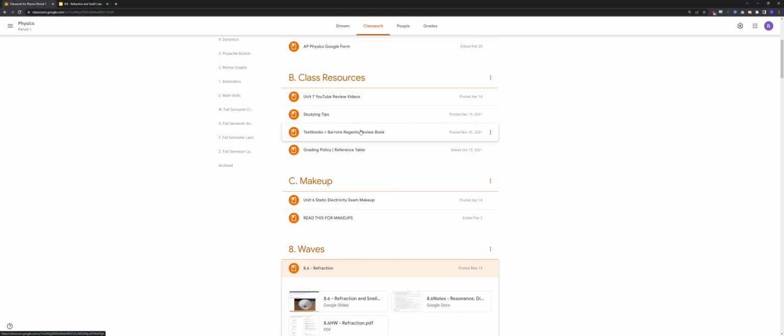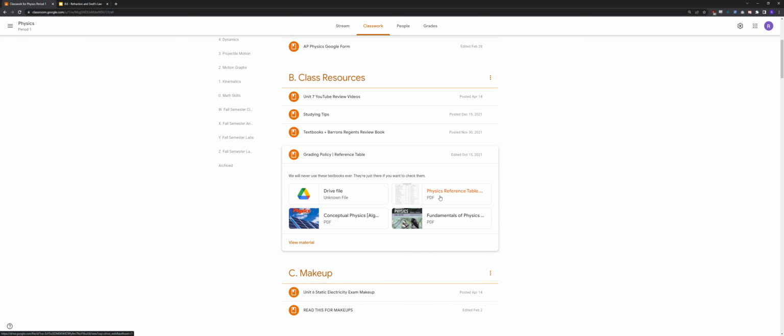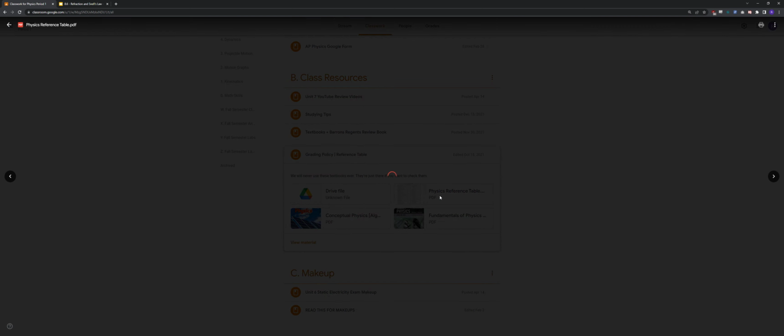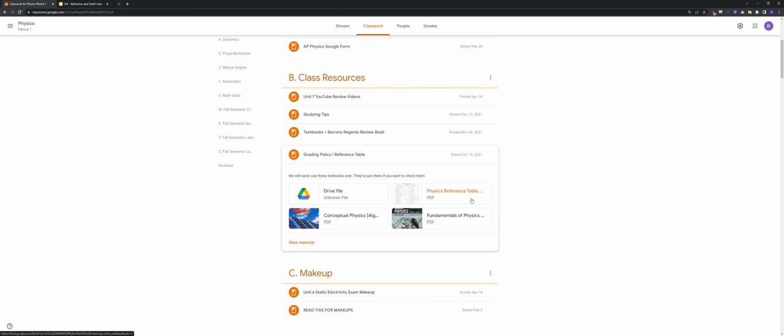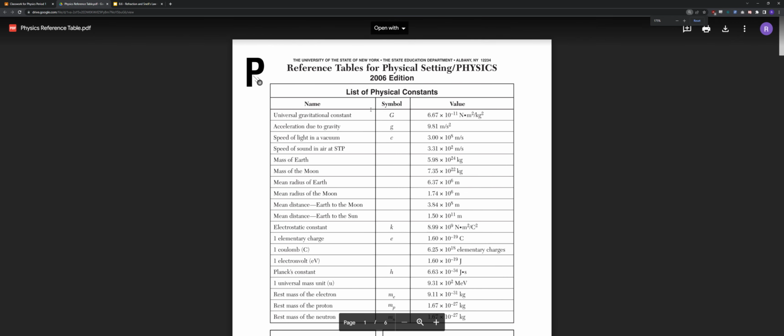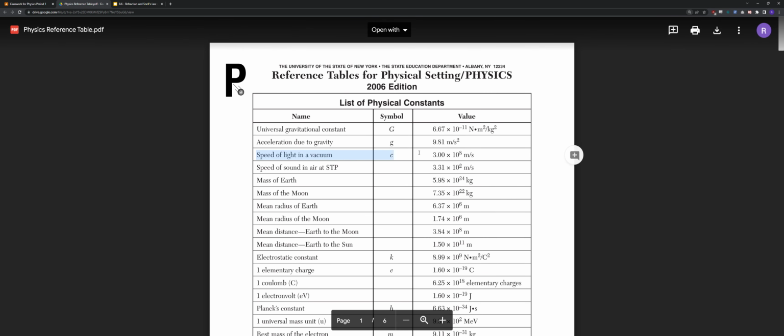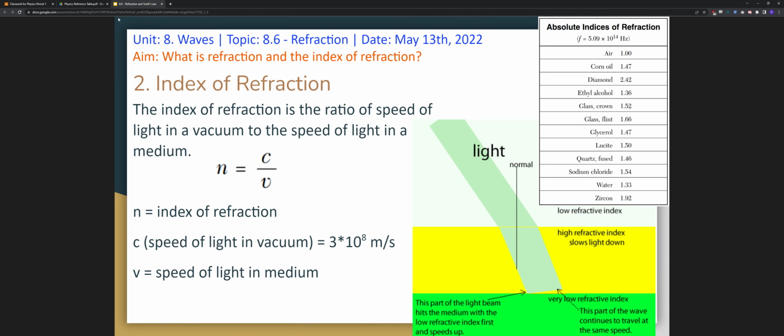So where is it? Grading reference. Let's see if it loads. Why is it not loading? All right. So third row right here. Speed of light in a vacuum: 3 times 10 to the 8 meters per second. Technically, it is not exactly 3, we just round it.